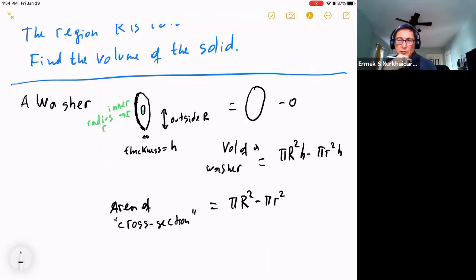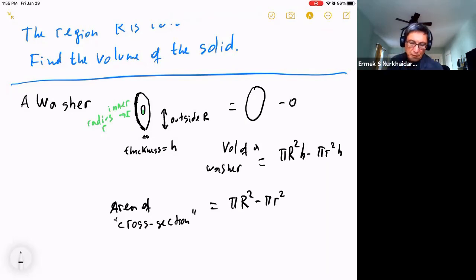Right, same reason, because we're doing big minus small, minus hole. We're doing washer because often, if we have a hole inside of our three-dimensional solid, then it's going to be a washer as a cross section.